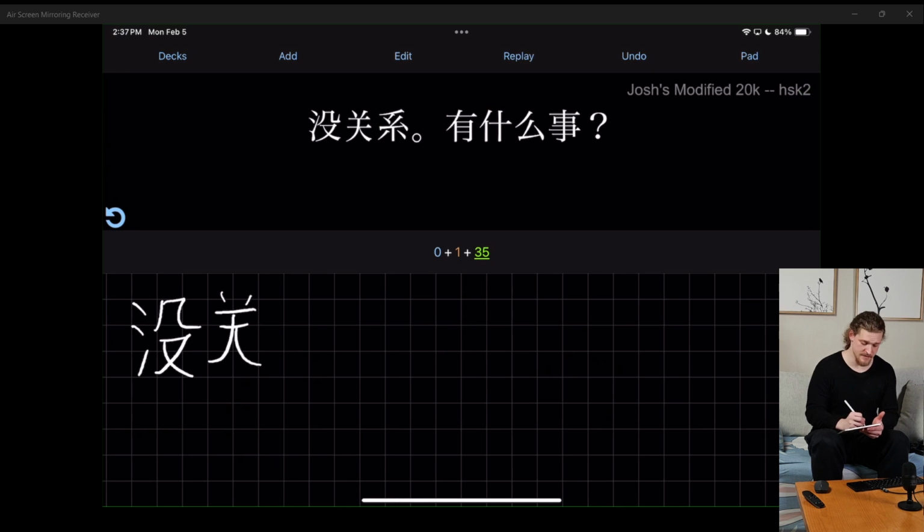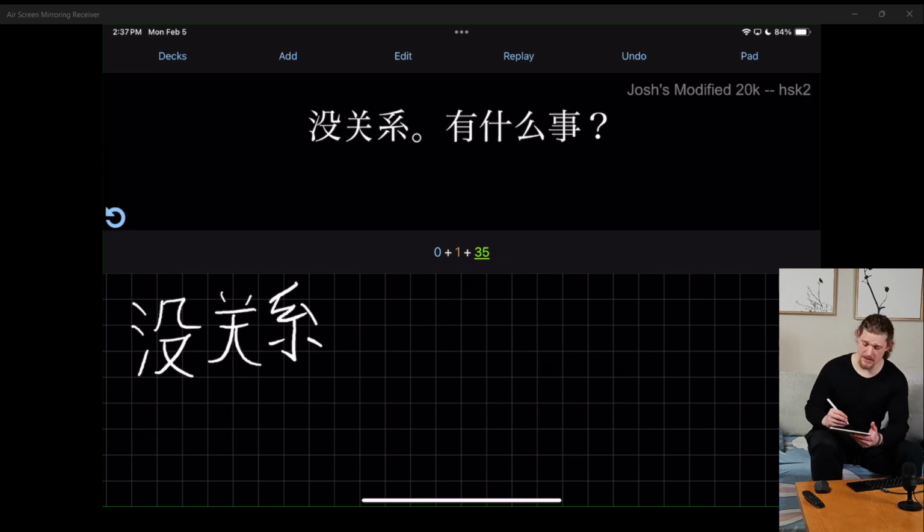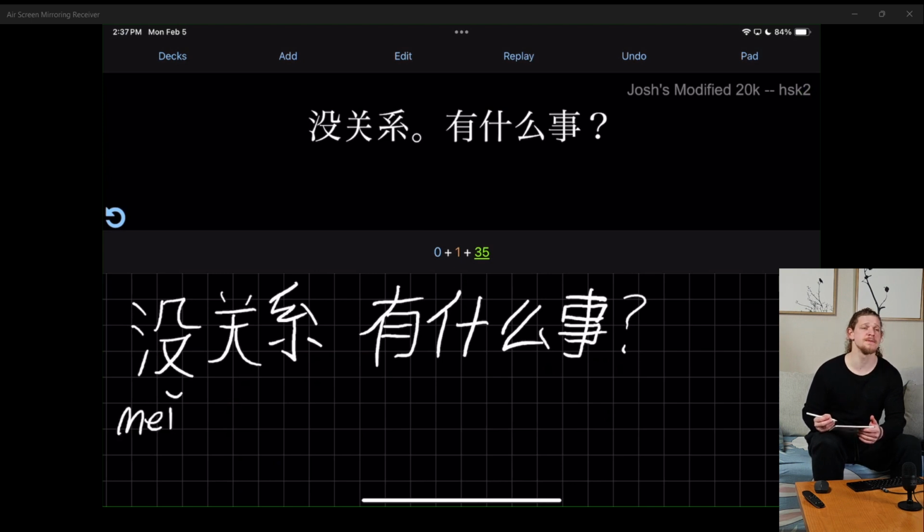This one is 没关系，这是没关系。And it's kind of an ugly character in my opinion. I don't think this character is very pretty. So, 没, right? This one, 没, means don't have, right?